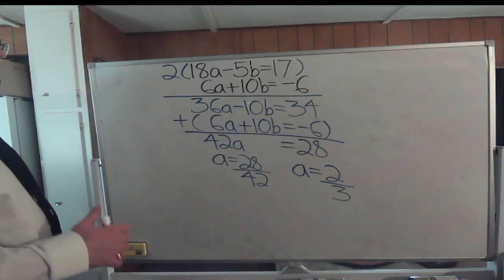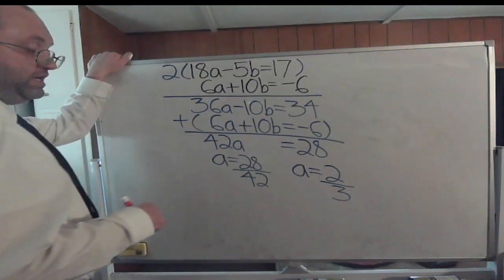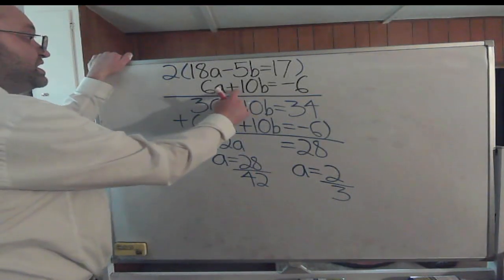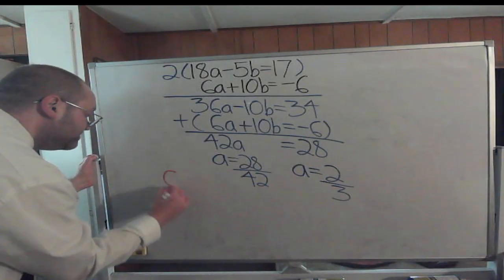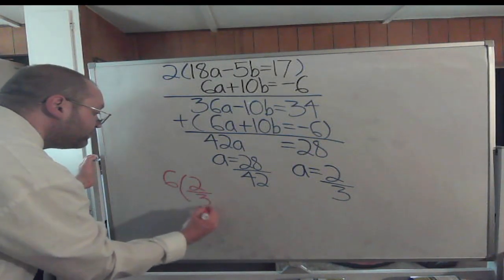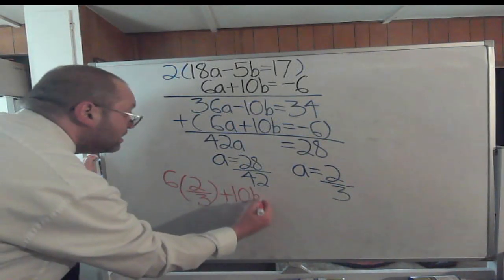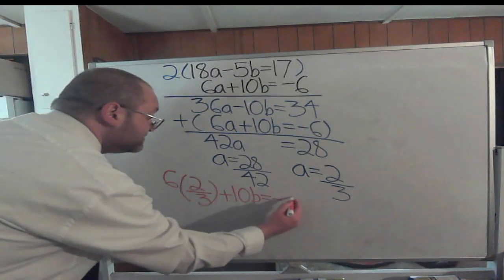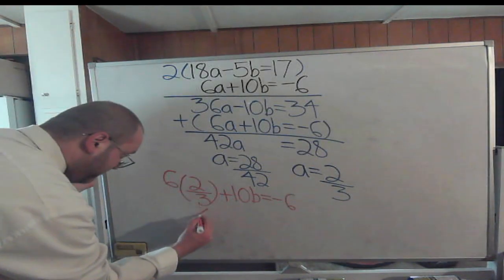Now that we've solved for a, let's solve for b by putting the a value into one of the equations. I'm going to go with 6a plus 10b equals negative 6. So you'll do 6 times 2/3 plus 10b equals negative 6. Well, 6 times 2/3, that's going to be 4.